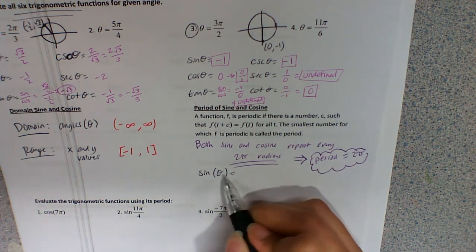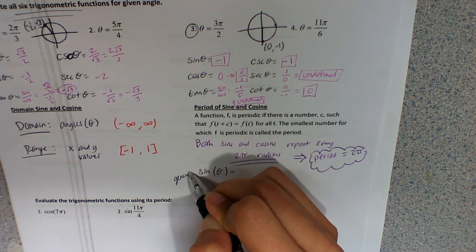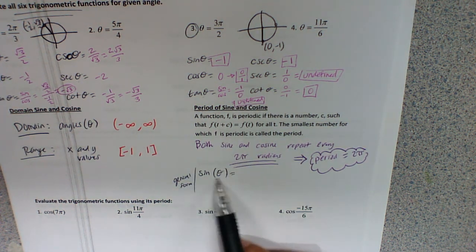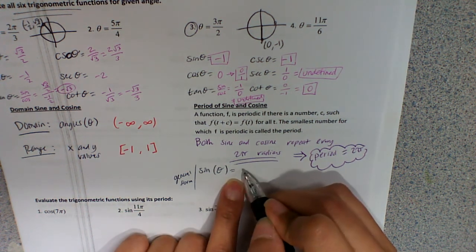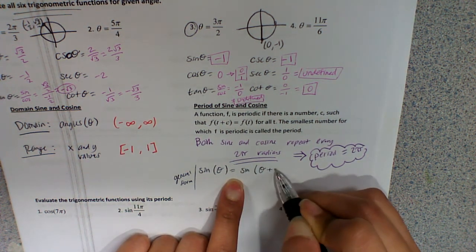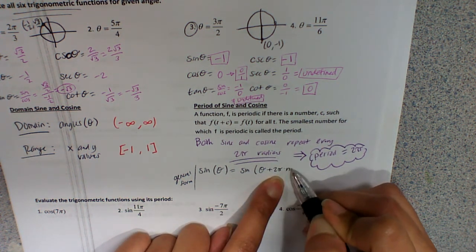So what we're going to do is take sine of theta, and by the way, this is a general form of writing things. I'm going to take sine of some angle theta, and I'm going to expand it so that we have theta plus the period, which is 2 pi, times the number of rotations.